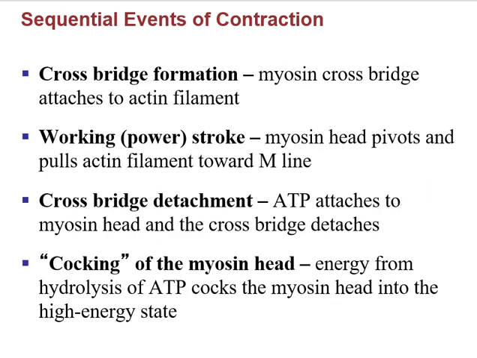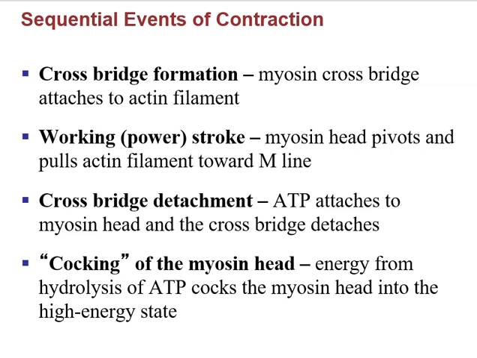So if you would like to look at these events sequentially as opposed to a cycle, you could look at them this way. With step 1 being cross-bridge formation, when the myosin cross-bridge attaches to the actin filament, with step 2 being the working or power stroke, where the myosin head pivots and pulls the actin filament towards the middle of the sarcomere, called the M line.